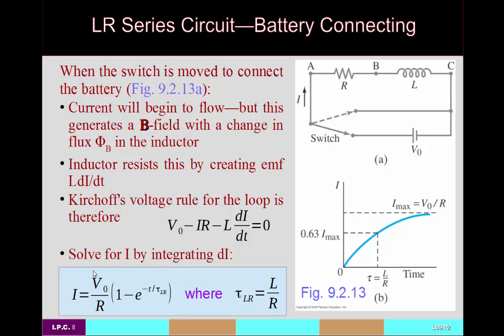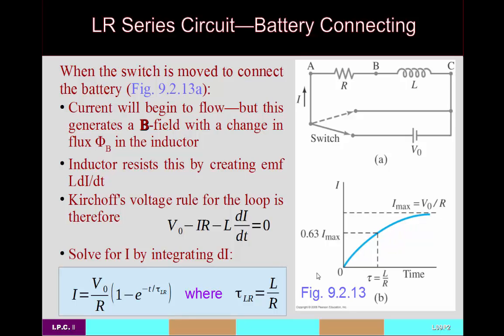Basically, you end up getting that the current is this voltage V naught over R times 1 minus e to the negative t over tau LR. And so basically what this is saying is that the current, and hence also the voltage drop across this resistor, is going to be rising with time, but it's sort of an exponential decay to its rise.